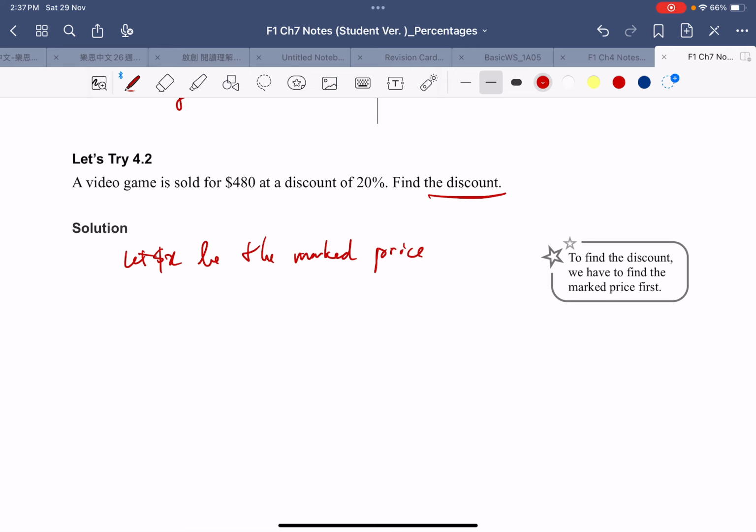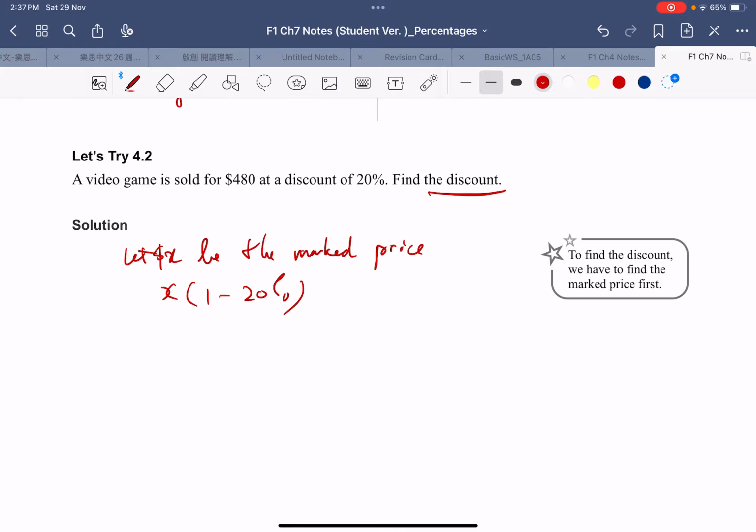You calculate the market price first of the video game. x times 1 minus 20% for 480, okay, and then x will be $600.